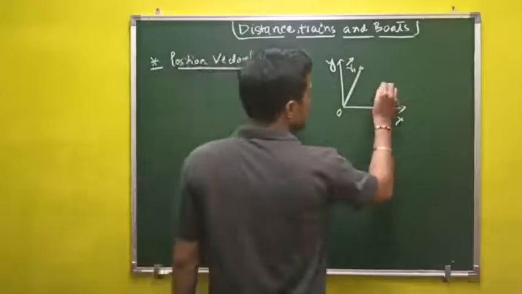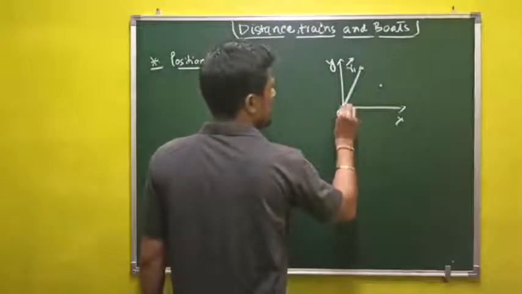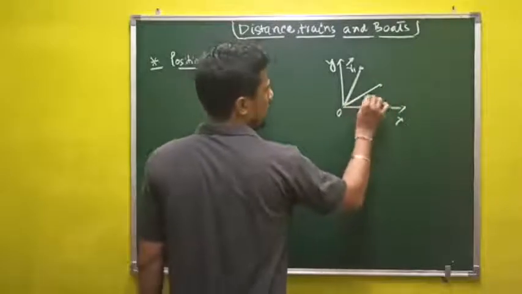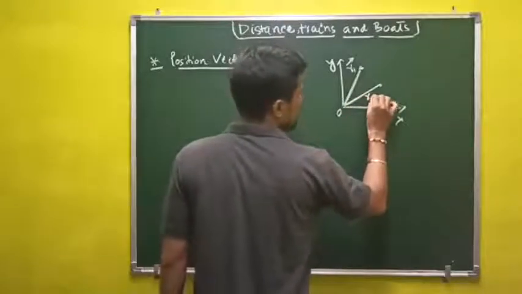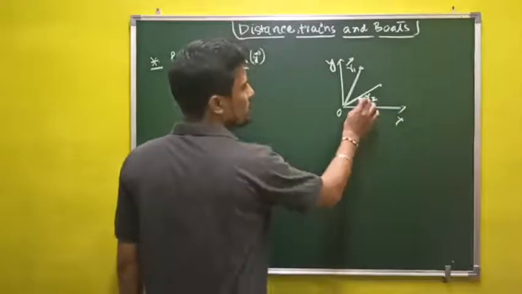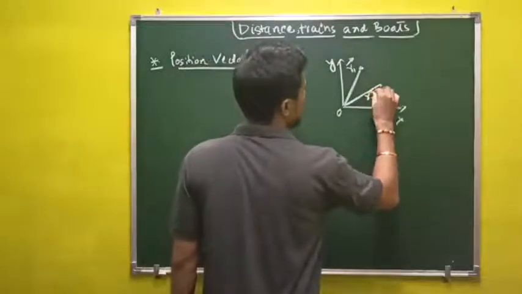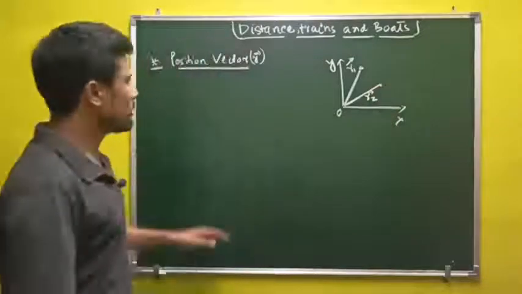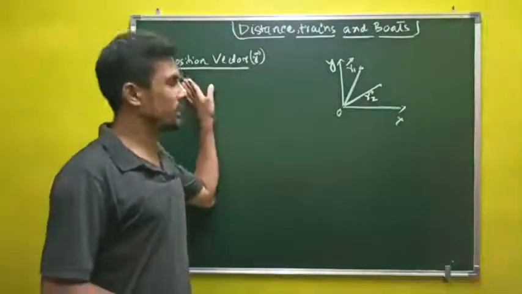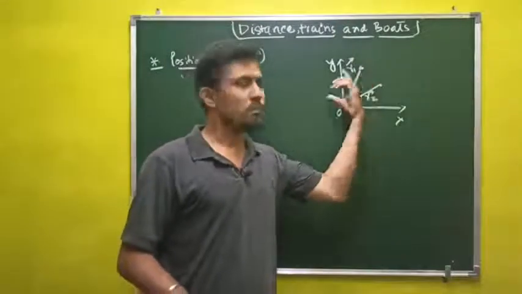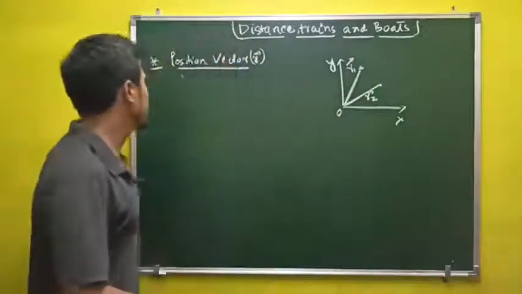You can also represent a position vector for other points. Suppose this is another point and its distance from the origin is r2. We can represent this as the r2 position vector. So any vector that connects the origin and the point is called a position vector.